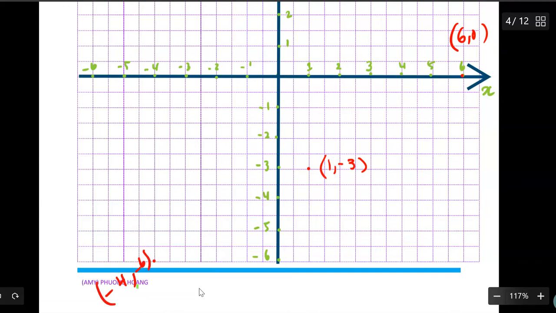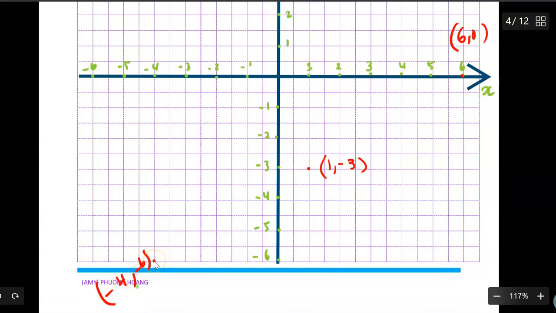What I'm going to do next is plot a straight line, and I can prove to you that it will go through these 3 points, so that these 3 points will create a straight line. Let me draw that straight line.